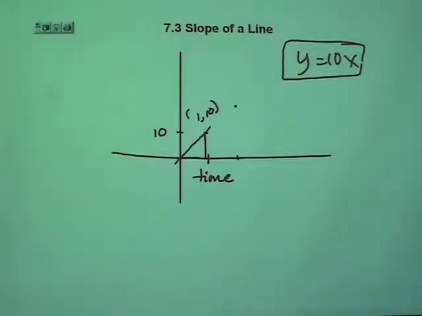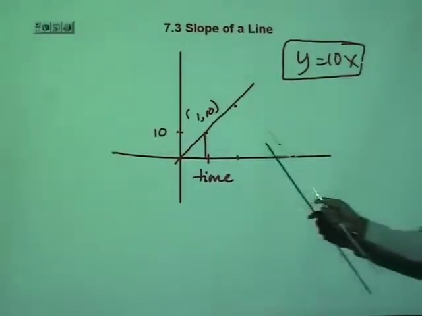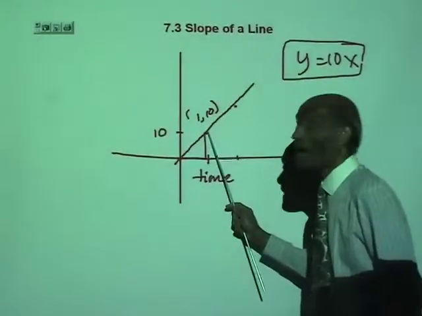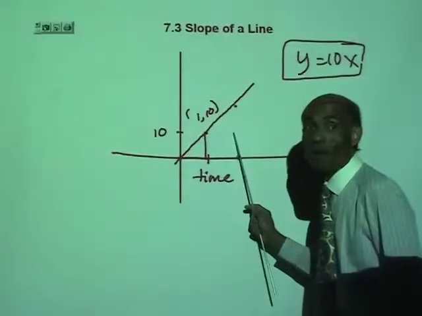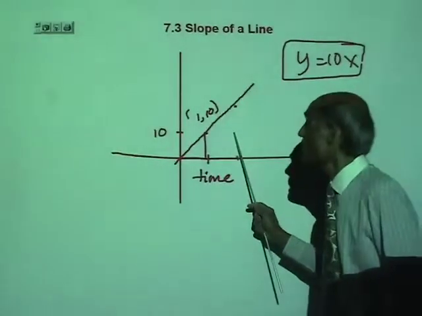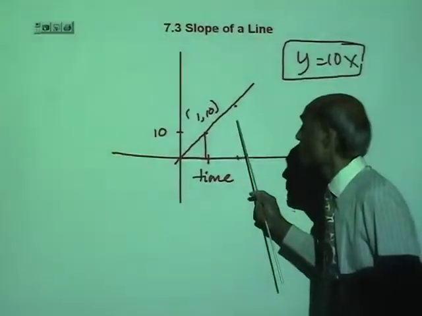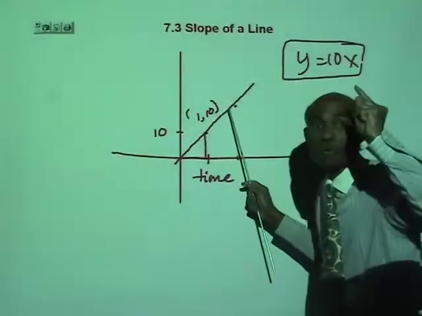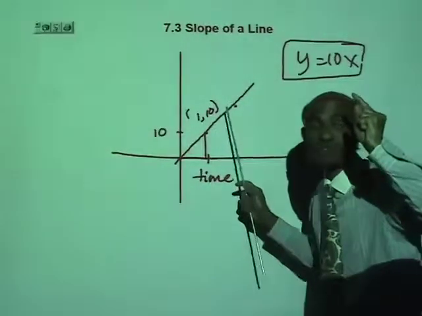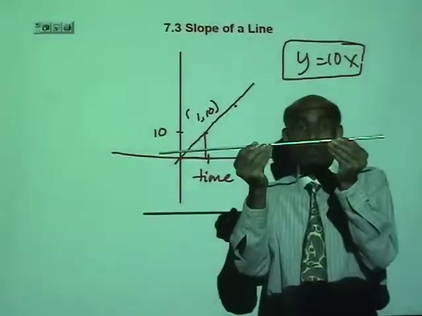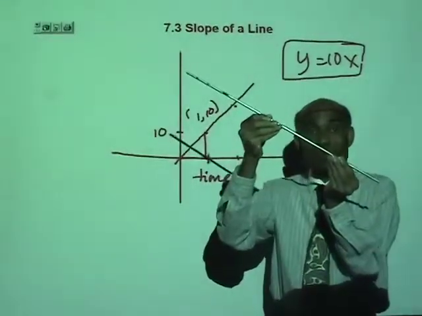Now look at how the line slopes. It means every time I work 1 more hour, the money in my pocket goes up by $10. You see that? It is not horizontal, but it is sloping.